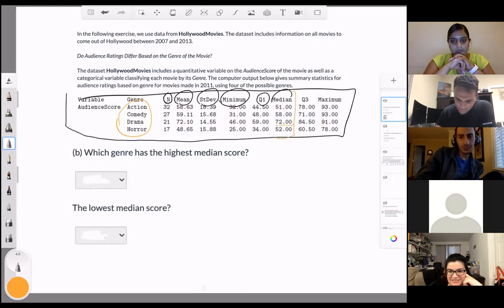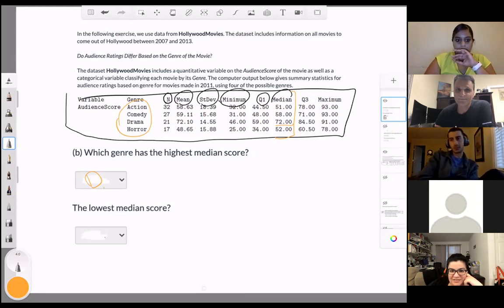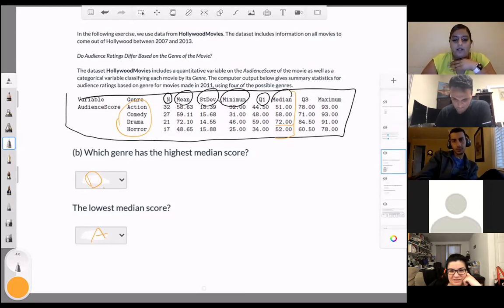The highest one is 72, drama. The lowest one? Action. So the answer would be 51, right? Because it's just asking the lowest median score, not the genre. So 51 is the lowest one, correct?